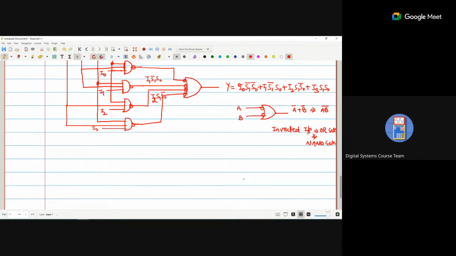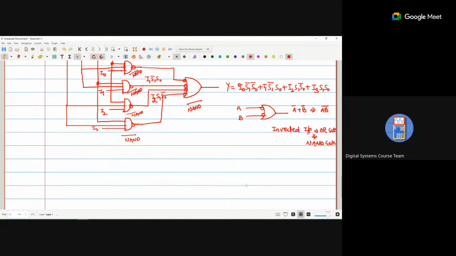Now this will be NAND gate, NAND gate, NAND gate, NAND gate, and NAND gate.